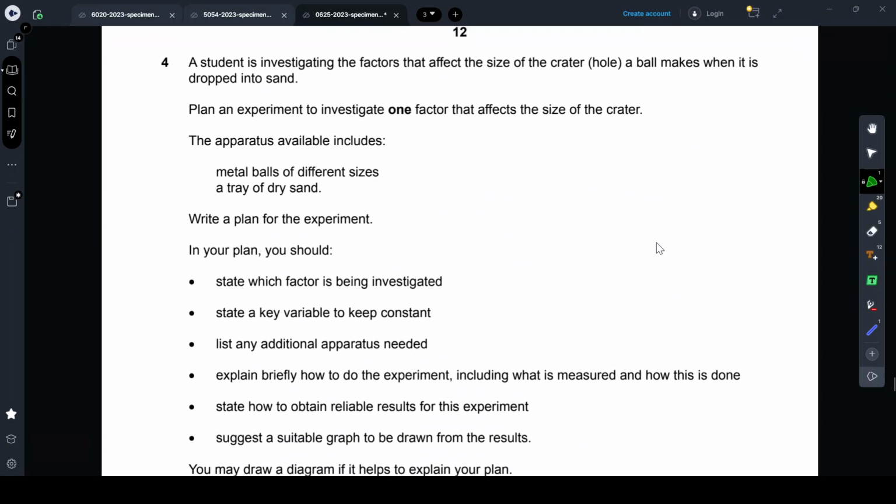Once you do enough of these, you get an idea of the pattern. You understand what you need to mention. It's just that the scenario changes, but the underlying concept and approach remain the same.